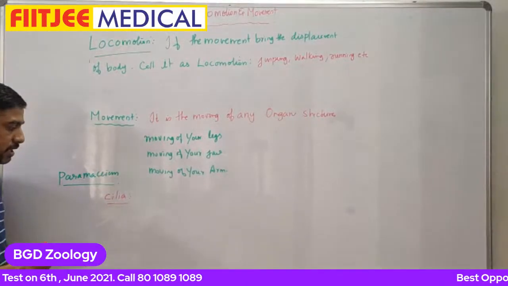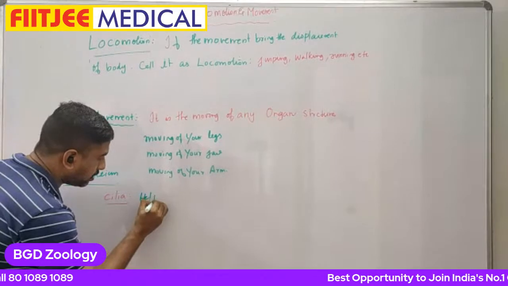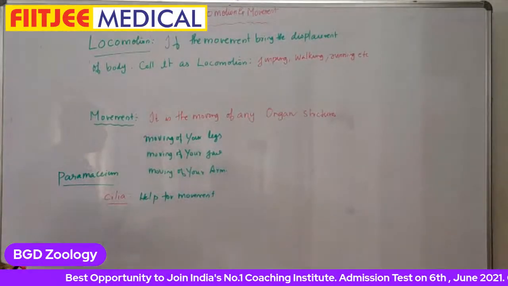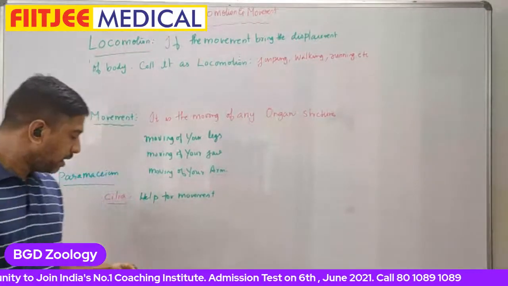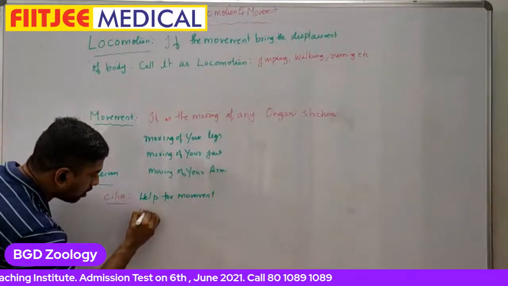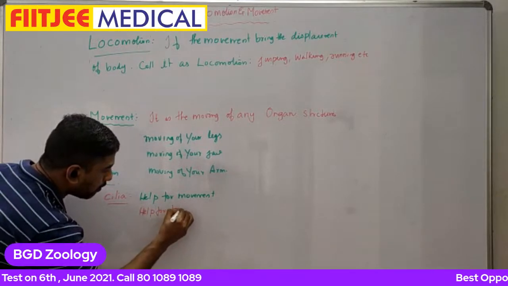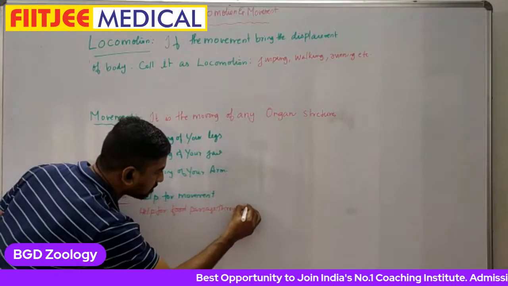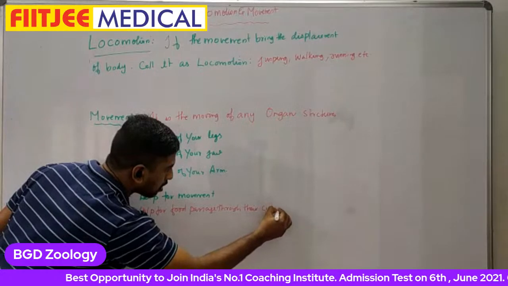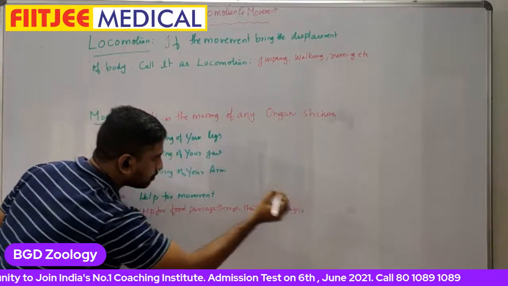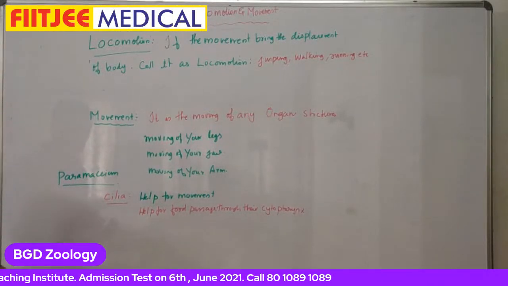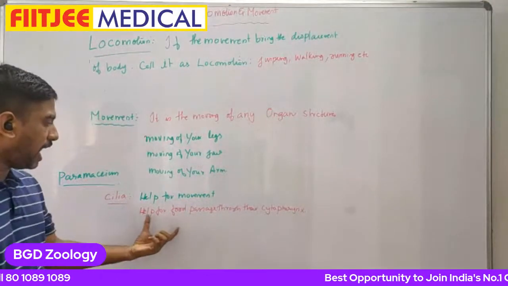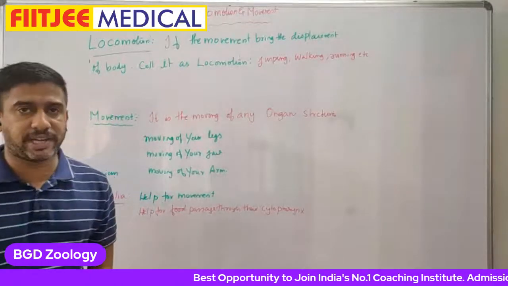One, they definitely help for movement. The second function, which is also very important for the paramecium, is that they help for food passage through the cytopharynx. So the cilia present in the paramecium help for the movement, and also for the food passage through the cytopharynx.